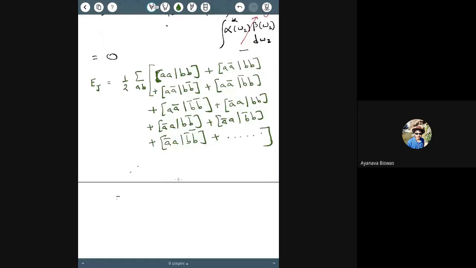But since we saw that you need to have the same spin function on the left and on the right, we can guess which ones will survive.